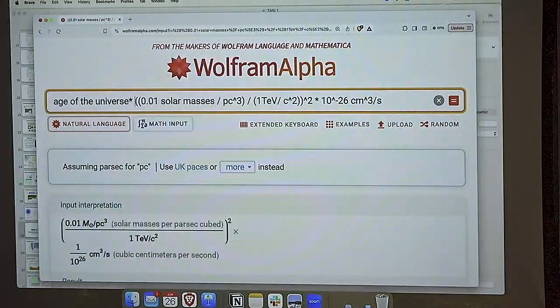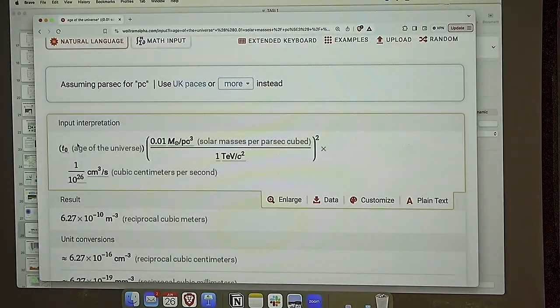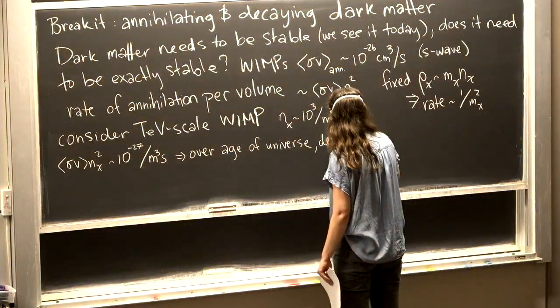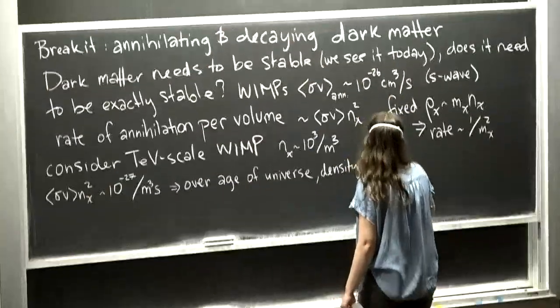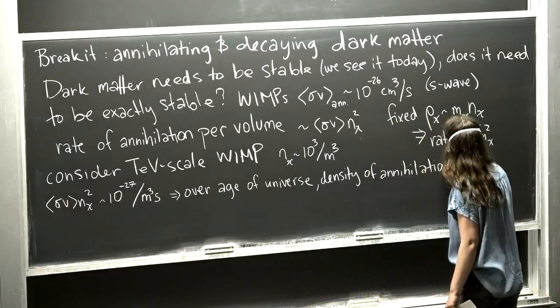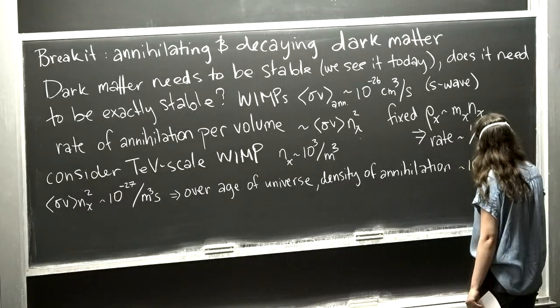So even if we give our galaxy an age of the universe, then it's about 10 to the minus 9 per meter cubed. So over the age of the universe, the density of annihilations is around 10 to the minus 9 per meter cubed.